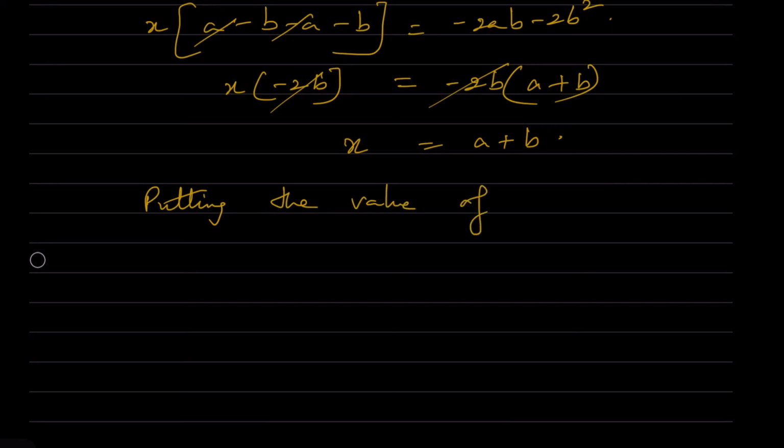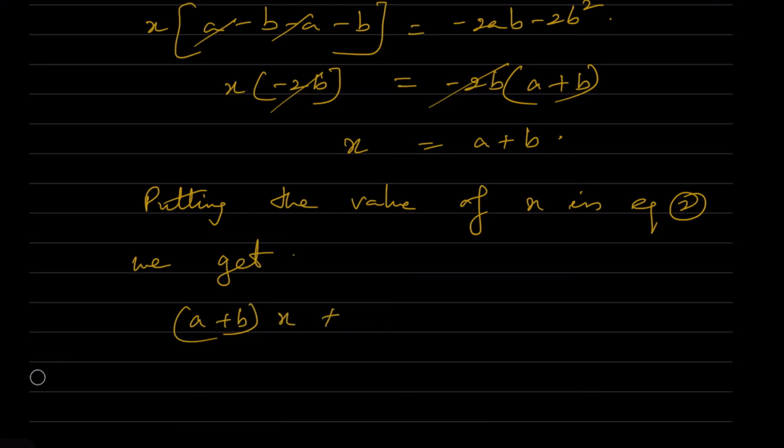Now putting the value of x is equal to a plus b in either one of the equations, we'll put it in equation 2 and we'll see what we are getting. A plus b into x plus a plus b into y is equal to a square plus b square.